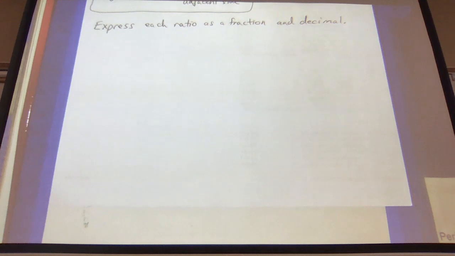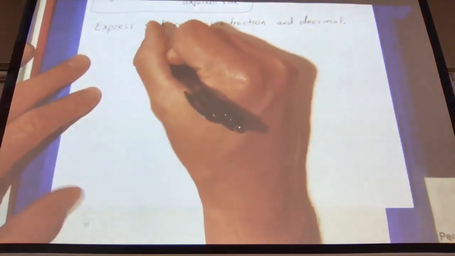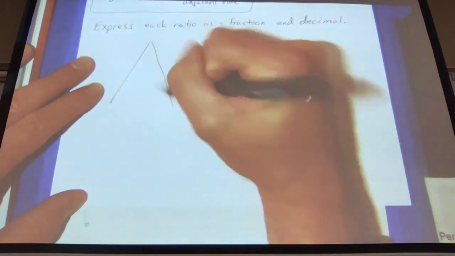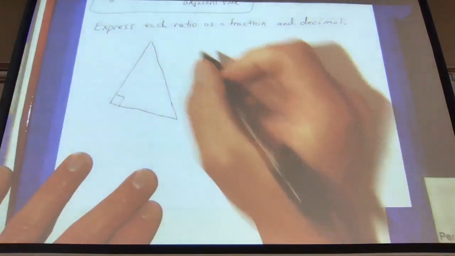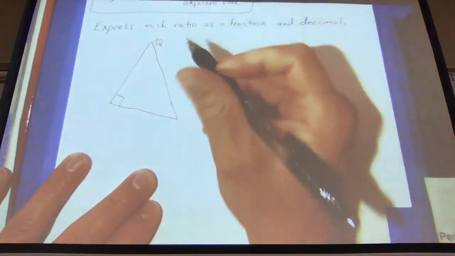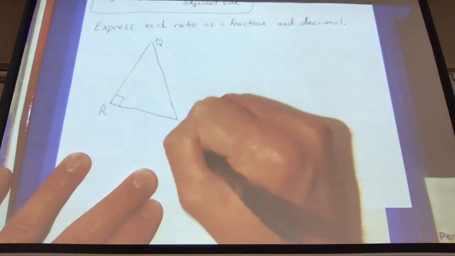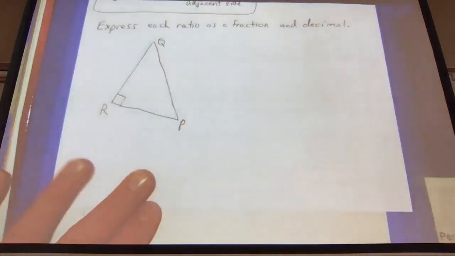First thing they're going to have us do is express each ratio as a fraction and a decimal. But we're going to start with a picture. We're going to have a right triangle, and that right triangle is going to be triangle QRP.